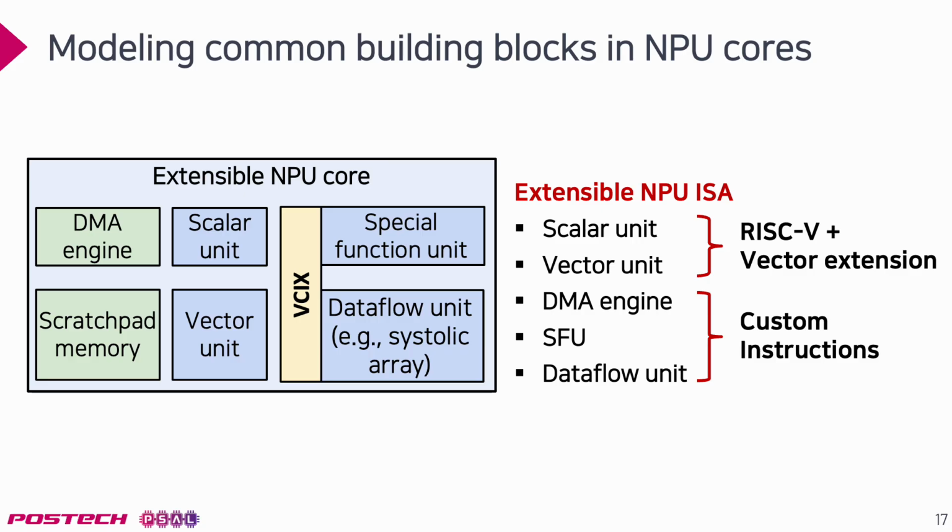These units perform the operations of the different instructions in the MPU ISA, which is our customized RISC-V ISA with vector extension. And also to support a wide data path between the dataflow unit and the vector unit, we adopt VCIX, or vector coprocessor interface extension, from SiFive. I will go into more detail on this later.